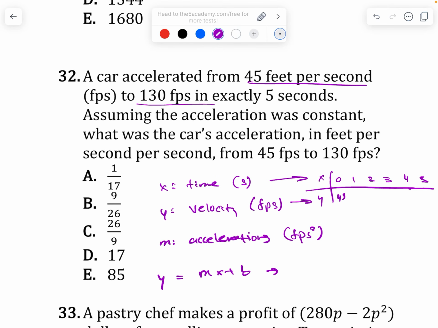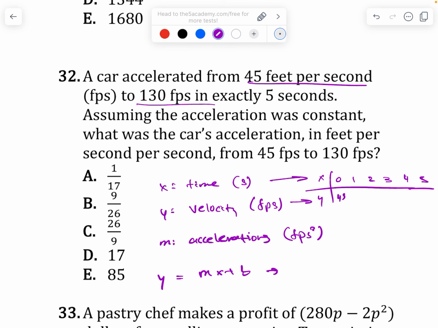It's easier to break down units that way. Feet per second is equal to feet per second squared times seconds, right? Because x is time in seconds, plus feet per second. You see that they all cancel out. I end up getting feet per second is equal to feet per second plus feet per second. The units all add up to just feet per second, right? That means everything lines up.